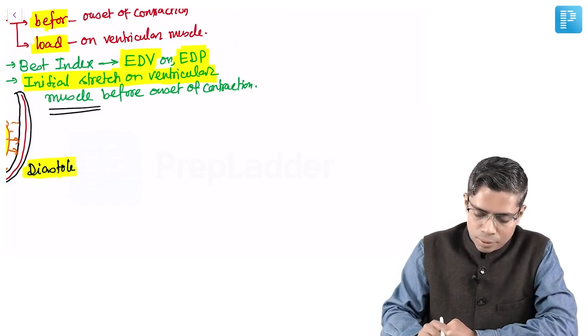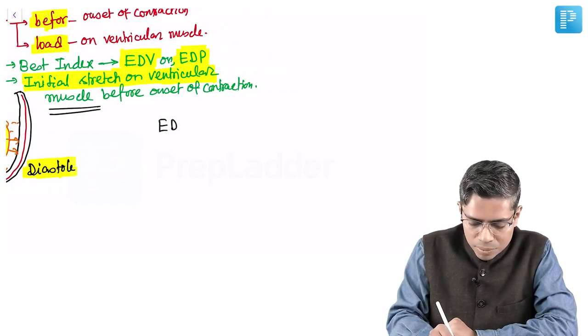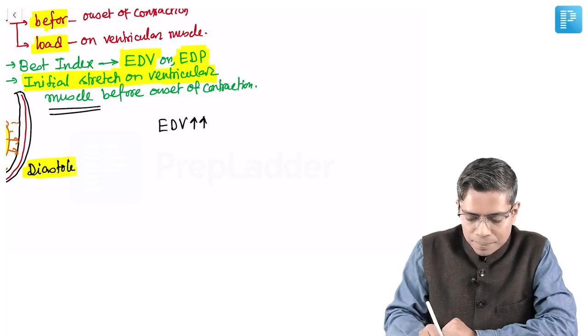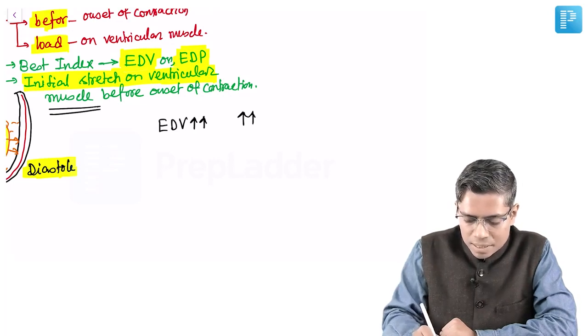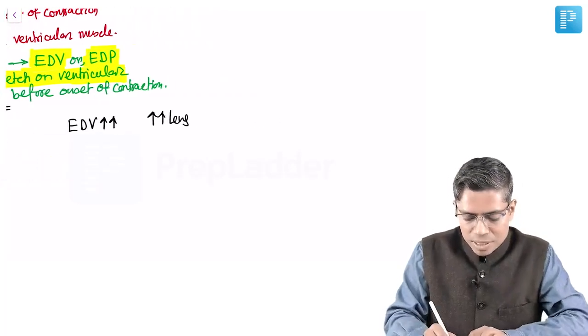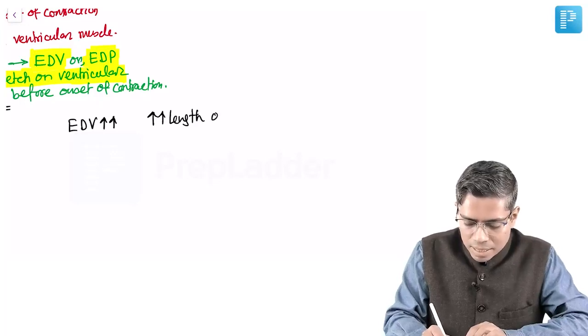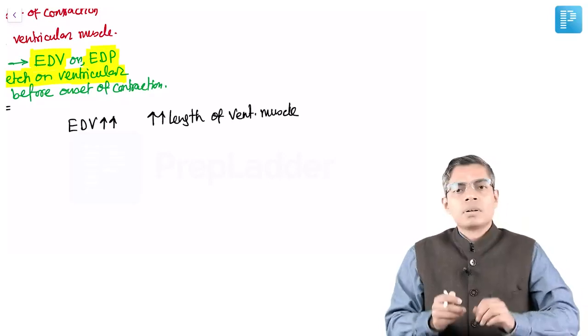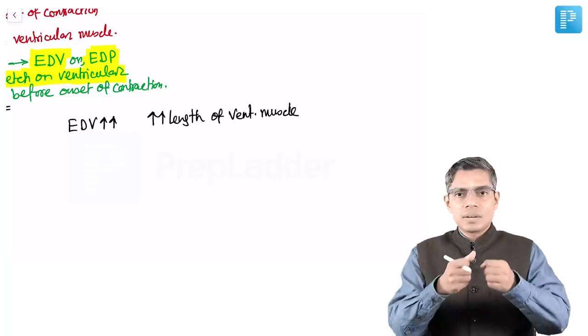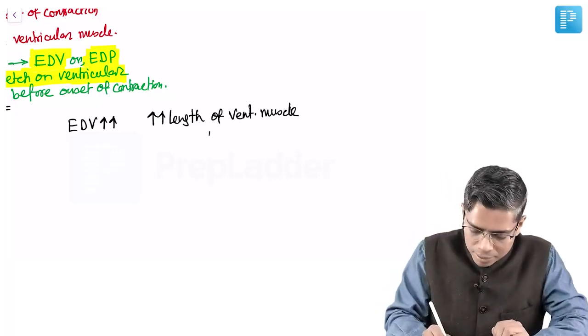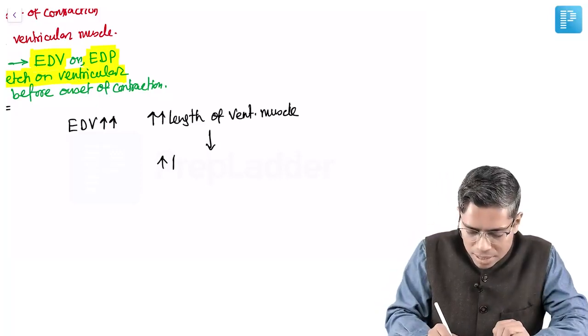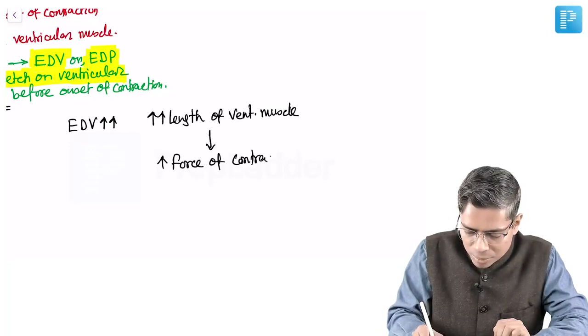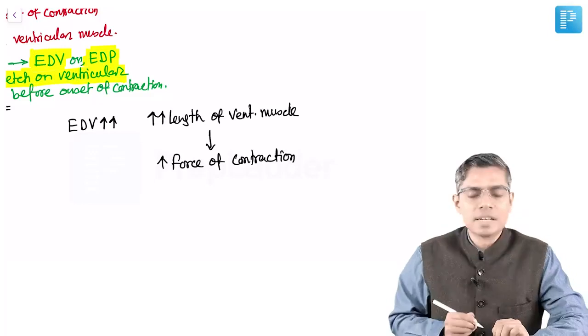You know that whenever your end diastolic volume is increasing gradually, there is an increase in length of the ventricular muscle, right? Whenever you stretch the ventricular muscle more and more, what will happen? This will lead to an increased force of contraction of the ventricular muscle. Getting my point?